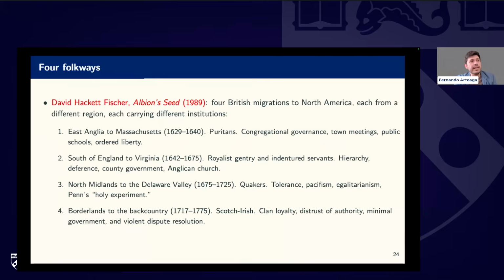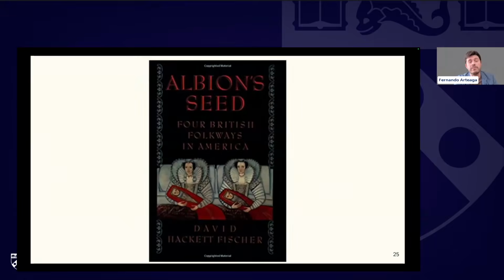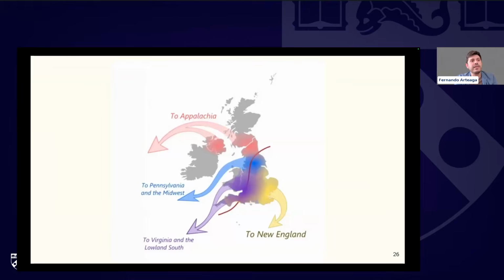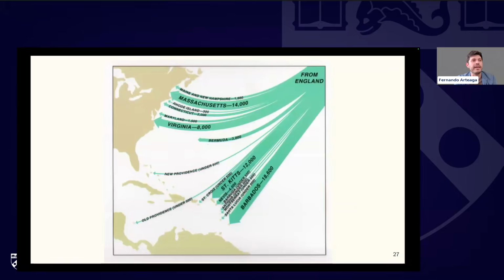So there are a couple of books here. One of the most famous ones that goes more in depth, with 1,000 pages, is called Albion's Seed. Again, it highlights the point that in order to understand the history of the United States, both political, cultural, and economic, you need to understand where the original settlers that arrived in North America came from. This is a map of the regions in England and where they established themselves in North America.